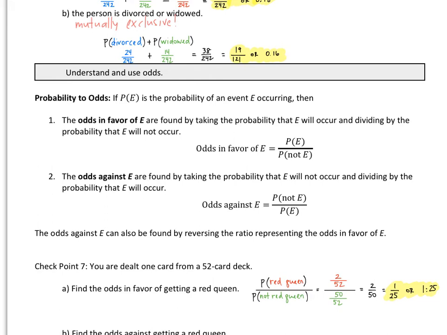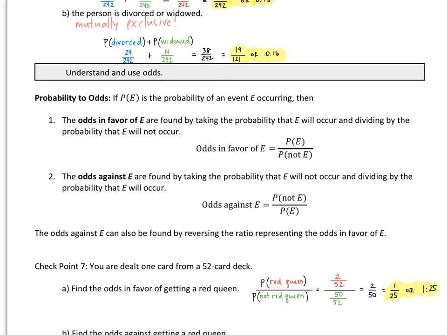The next thing we're going to talk about in 11.6 is probability to odds. So we're going to talk about odds right now. If the probability of an event E occurring is P of E, then we've got two scenarios.